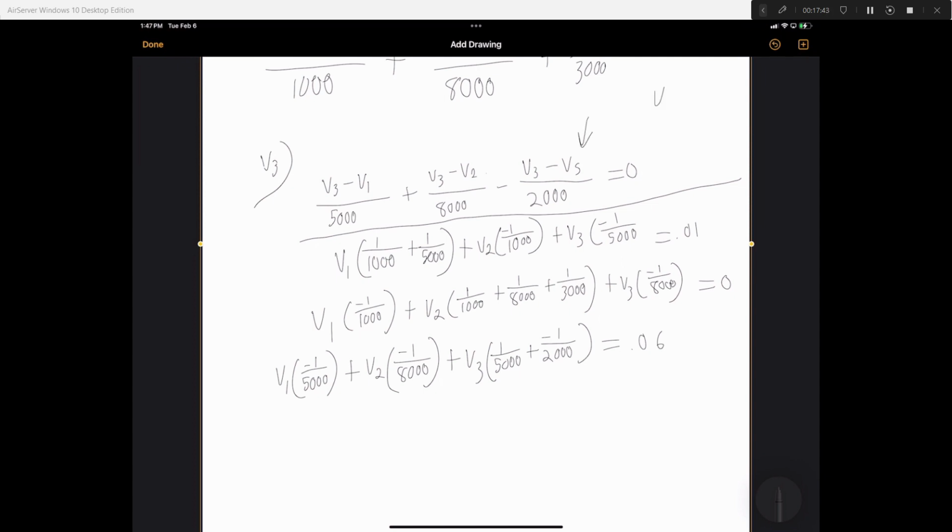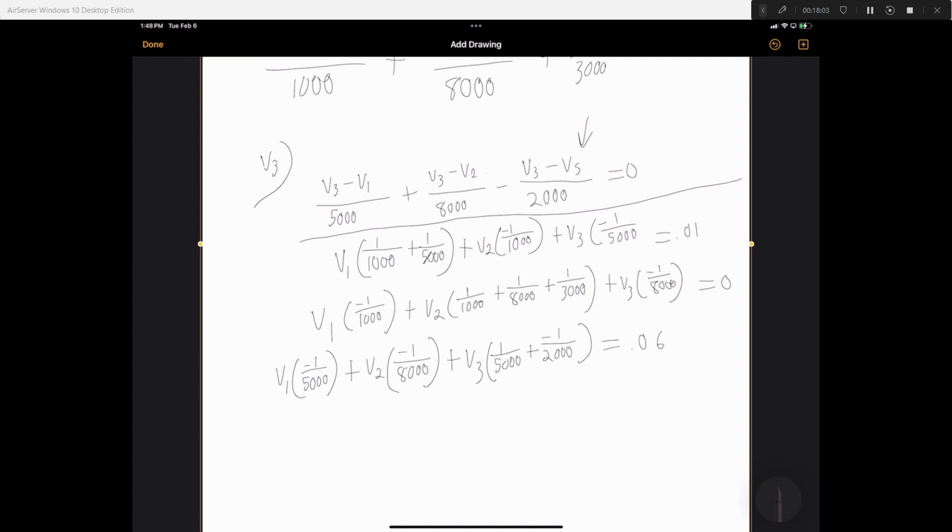V of S will be 120 divided by 2,000. What we had originally that first time. But we didn't think about the node entirely. Anyways, that should be it. Let me make sure.